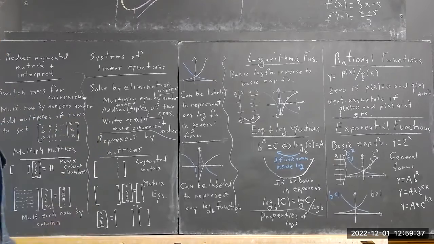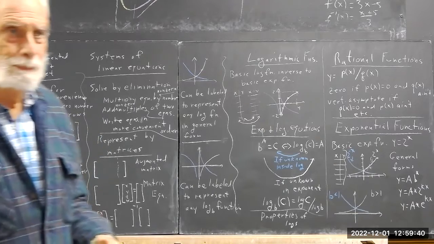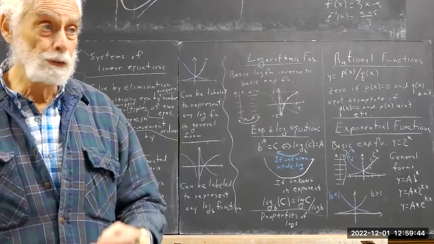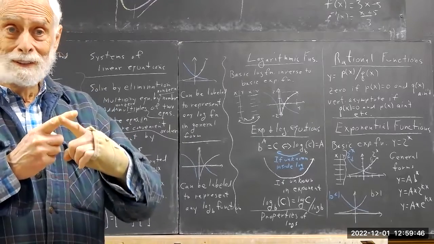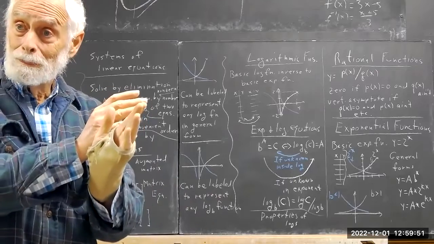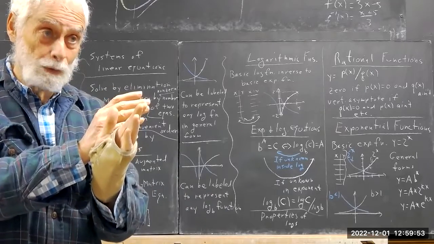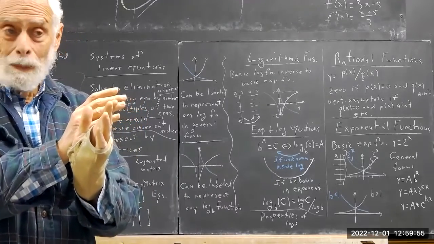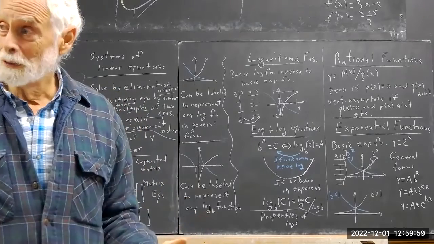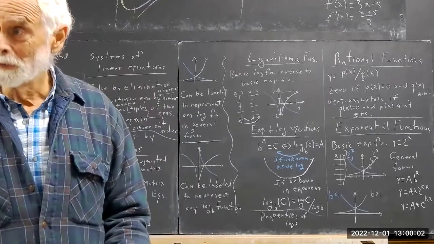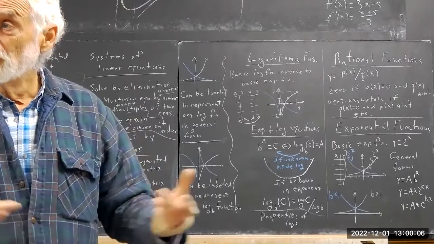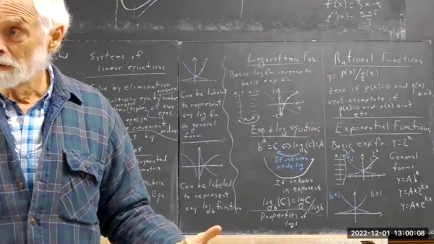The other thing is, you can change the order of your equations. I've said it before, I'll say it again. You have two equations with two unknowns, you get two graphs. Maybe they intersect, maybe they never intersect, and maybe they overlap, maybe they're the same. Those are three possibilities. Either way, if you change the order of the equations, the graphs are still going to be the same straight lines. Once you have the graphs, you don't know which one was listed first or second. It doesn't matter a bit.